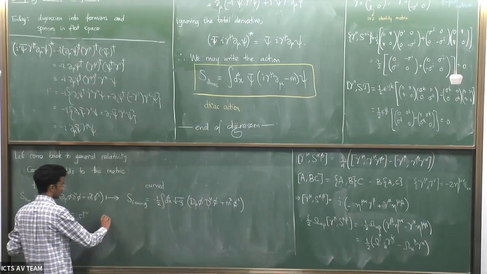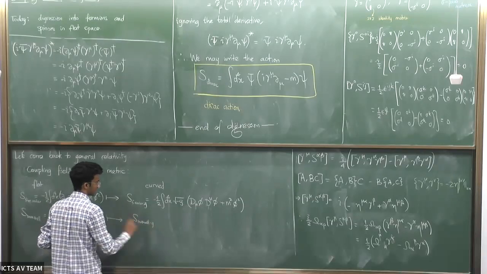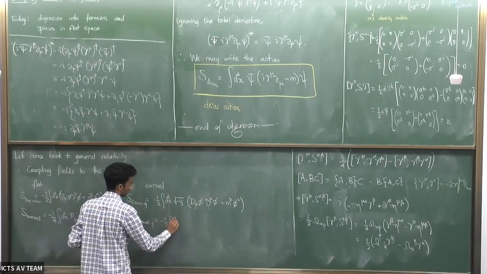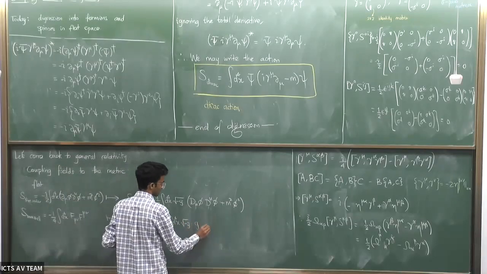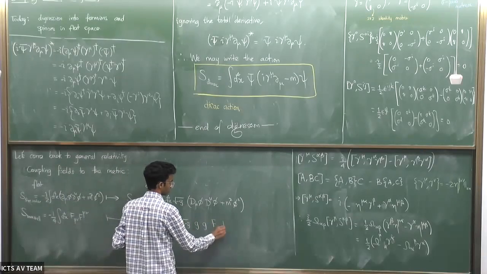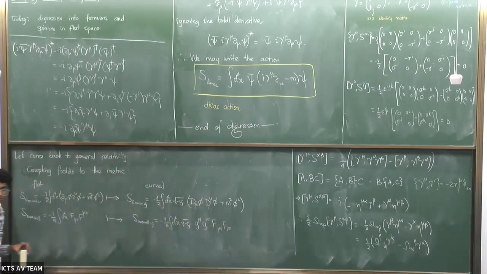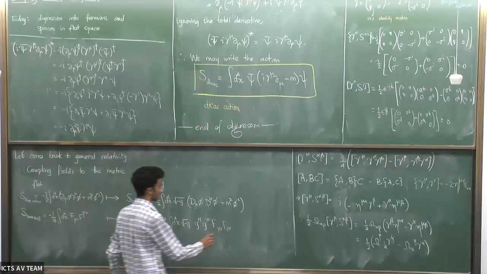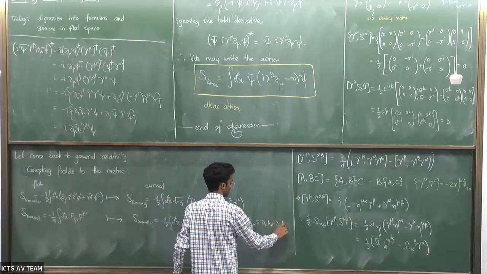Again, you run the same machine and you write Maxwell in curved spacetime, which is minus one-fourth integral d4x square root minus g, and then you raise and lower indices with the metric: F mu nu F rho sigma g mu rho g nu sigma. And F mu nu still retains its form: it's just del mu A nu minus del nu A mu.